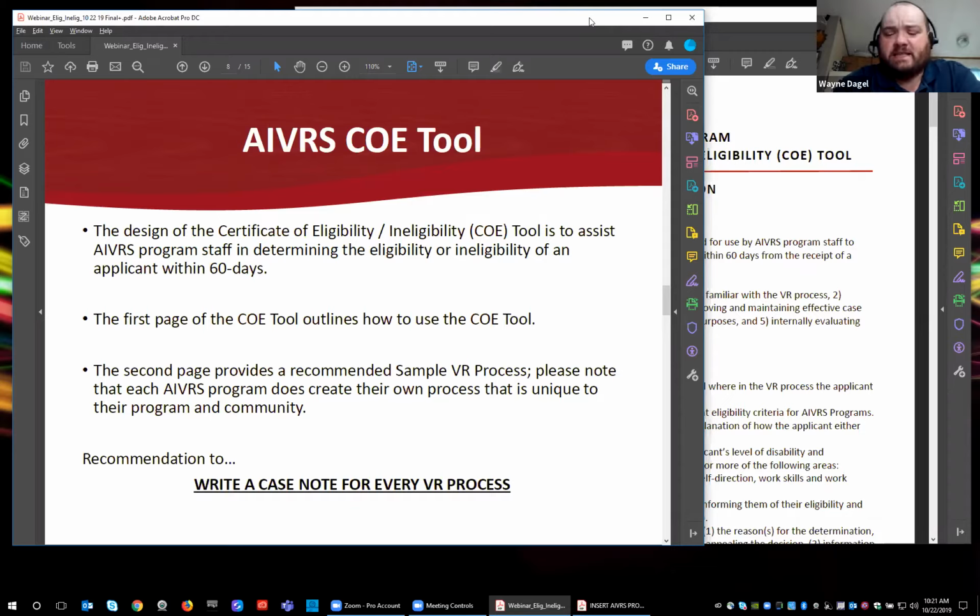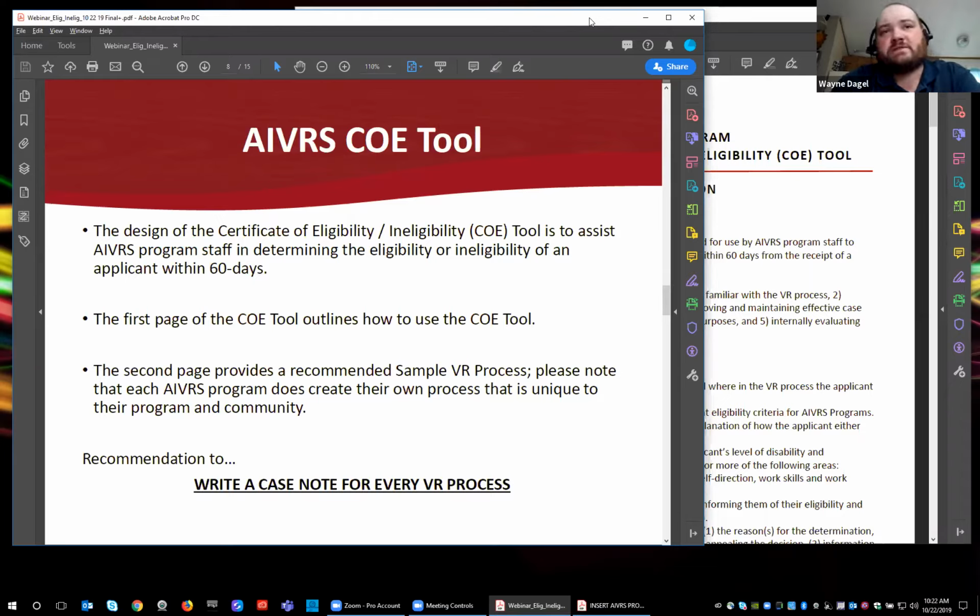So as an AIVRS program, we get to identify who our experts are in the field. And right now, the experts that are seen in the ability to determine eligibility are the VR counselors. They have the required training and expertise to make those determinations.